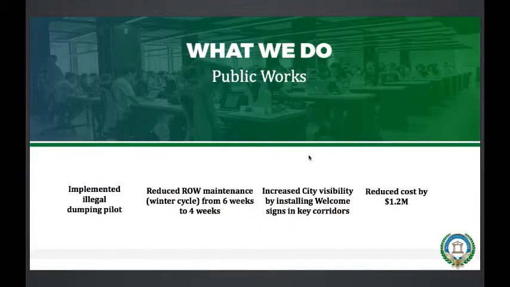Again, with our borders abutting so many surrounding municipalities, it's very key that residents and visitors know when they're entering the city of South Fulton. So those signs are very key in doing so. And with the new model of contracting with a third party vendor, we were able to reduce the cost to the city by 1.2 million by engaging that third party labor to provide a lot of those public works services.